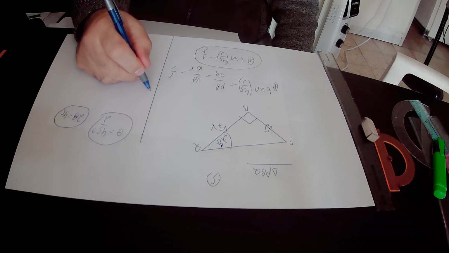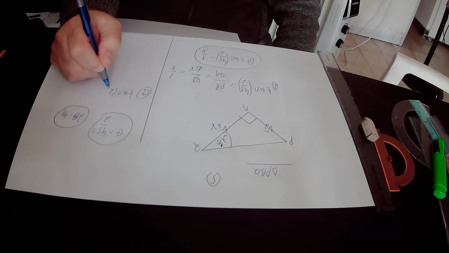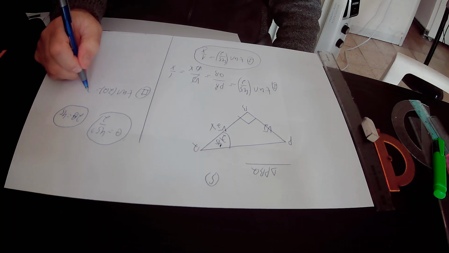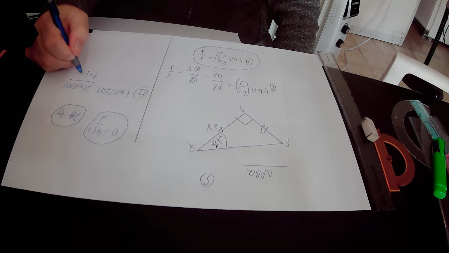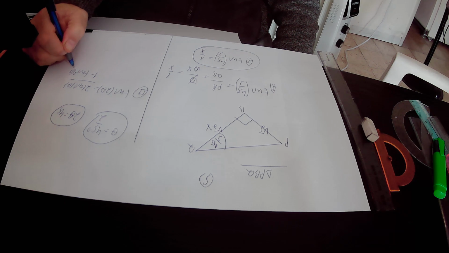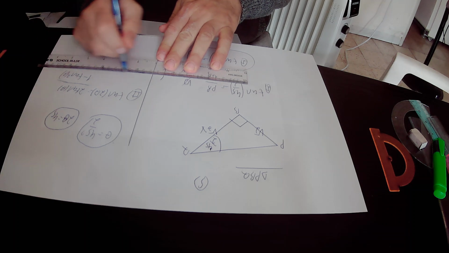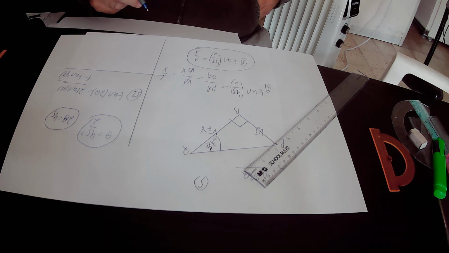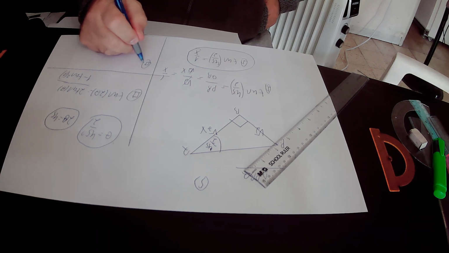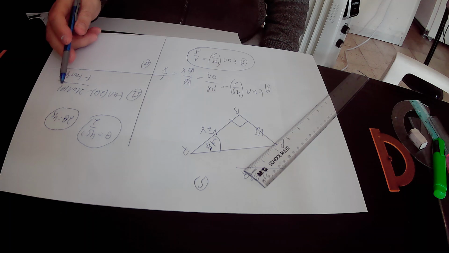And we have that trigonometric identity that states that tangent 2 theta equals 2 tangent theta over 1 minus tangent squared theta. So theta is 45 degrees over 2, so 2 theta is 45 degrees.